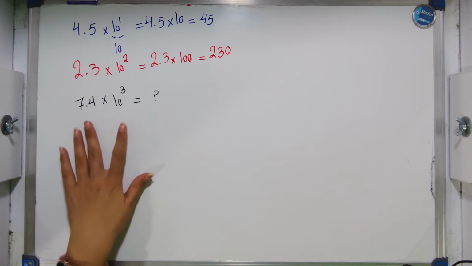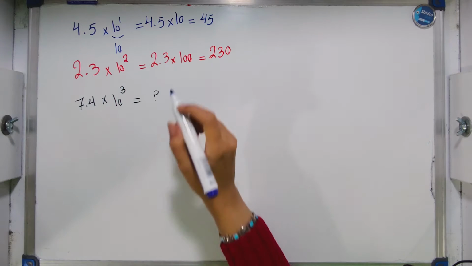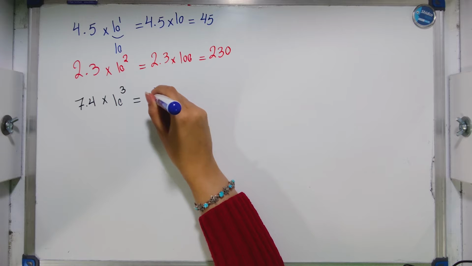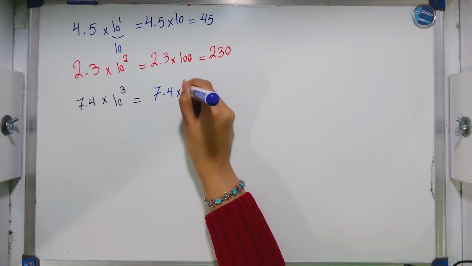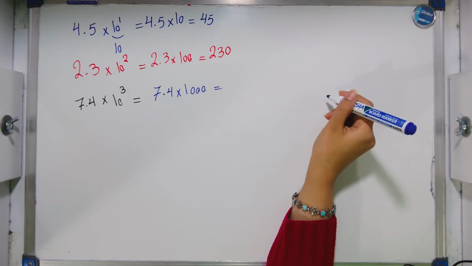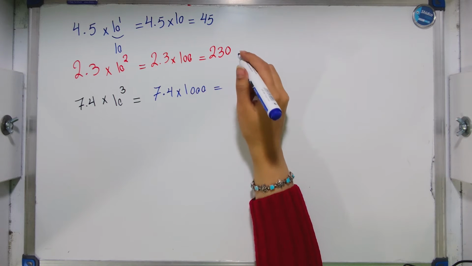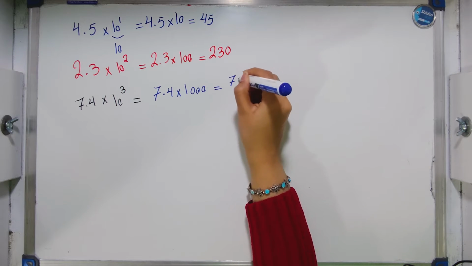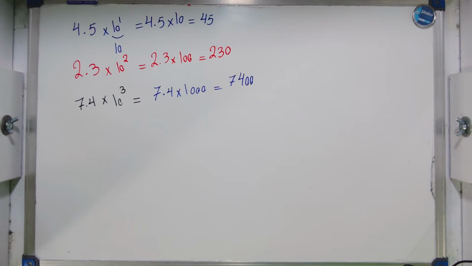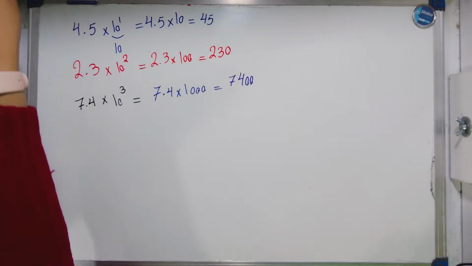Okay, 7.4 times 10 to the power 3 is actually 7.4 times 1,000. And 7.4 times 1,000 is actually 7,400.